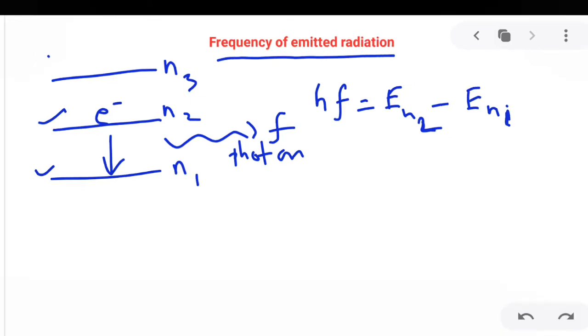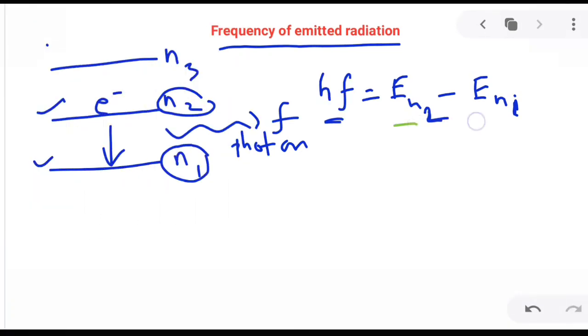So calculate the energy of the electron at this energy level, and then calculate the energy of the electron at this energy level. The difference in energy will give you the energy of the photon. Now these two represent the energy of the electron at energy level n2 and at energy level n1.